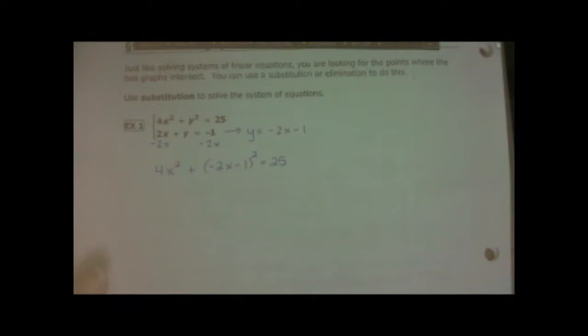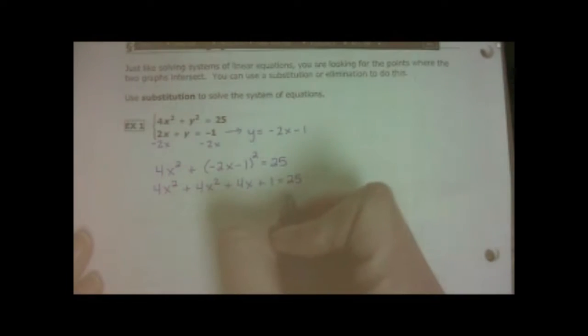My next step here is I'm going to FOIL this. I need to FOIL this so I can combine all my like terms. So I've got 4x squared. When I FOIL this, -2x and -2x gives me plus 4x squared. I have -2x times -1 is positive 2x, double that because I'm going to do it 2 times.